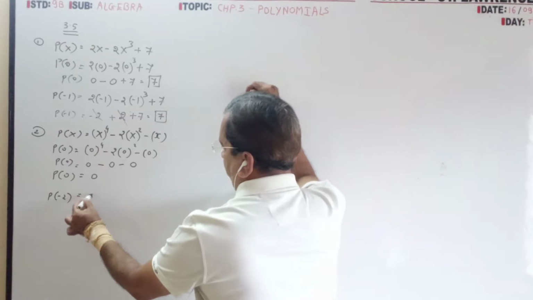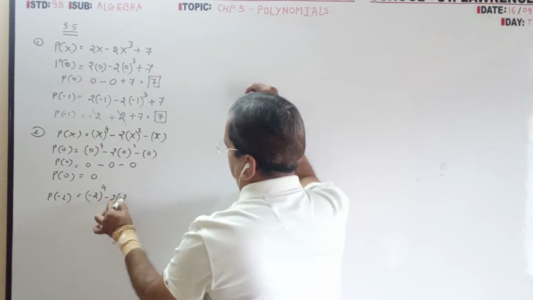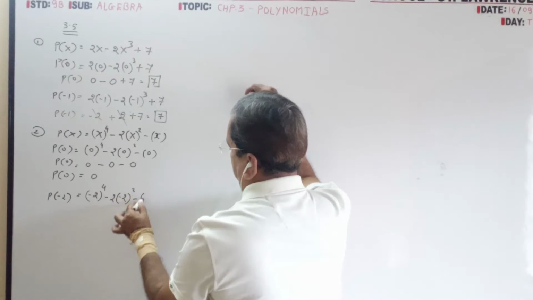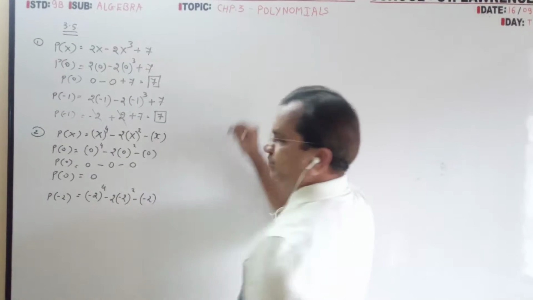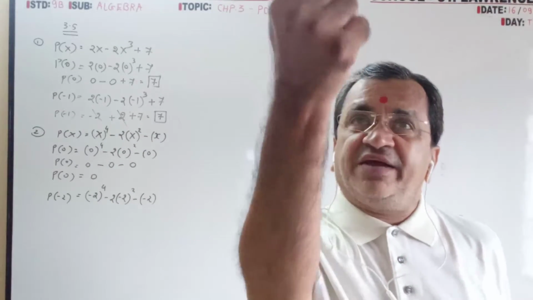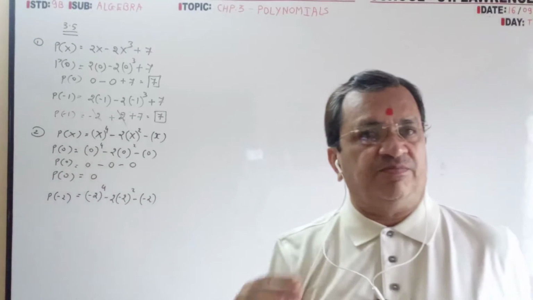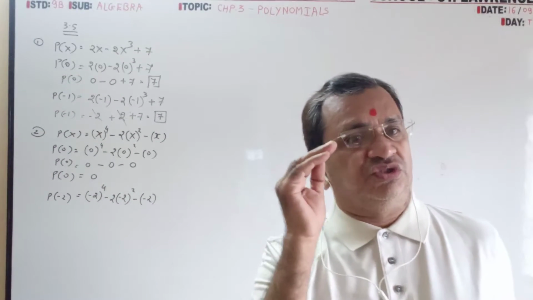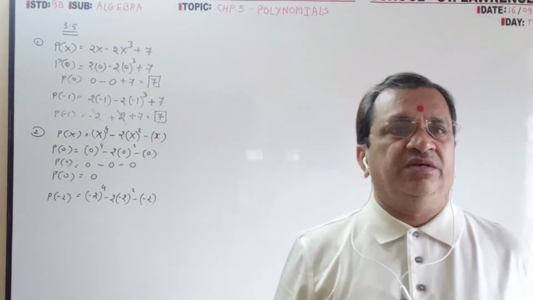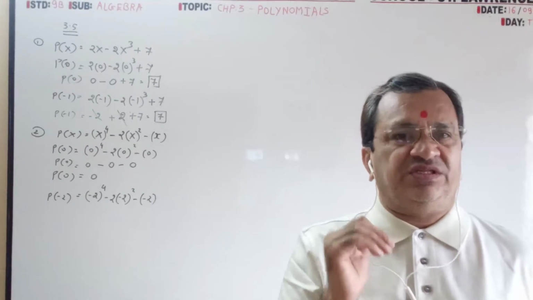P of minus 2 is minus 2 raised to 4. This polynomial you have to write in the form of brackets. So wherever x is, substitute the given number. Here P0 is given, so substitute all x as 0. Next, P minus 2, substitute all x with minus 2.